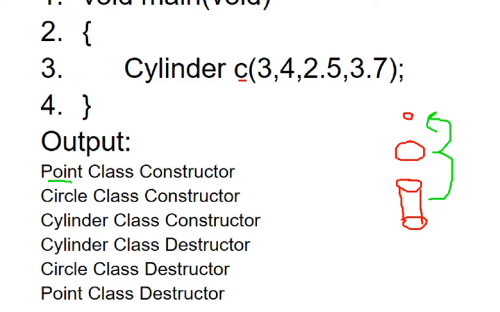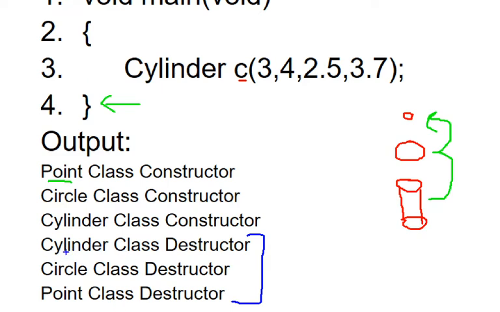we are simply making an instance here, and then the main is getting closed. So now at this place, this object of the cylinder will get destroyed, and if you see the order of execution of the destructors, it is totally opposite to the order of execution of the constructors.